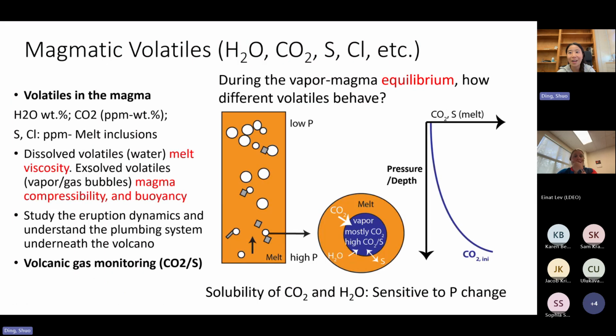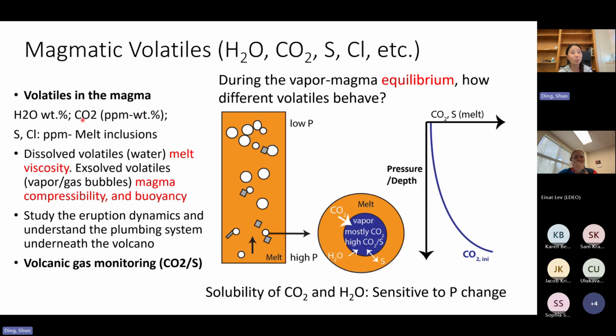Okay, all right. First of all, when we talk about magmatic volatiles, water, CO2, and sulfur are the three most abundant volatiles in the magma, and they're at different levels of concentration. Water, we usually talk about in weight percent.